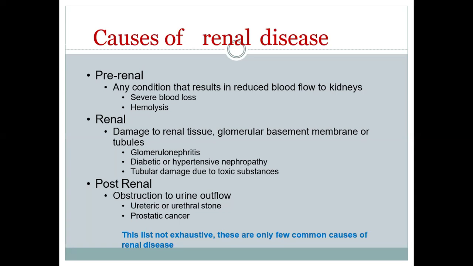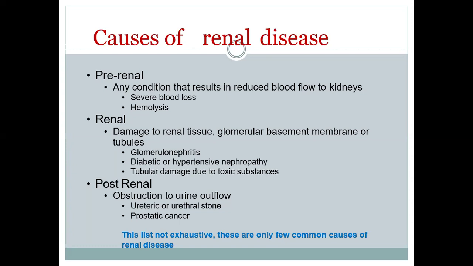Renal causes of renal disease include damage to renal tissues, the glomerular basement membrane, or the tubules. Such situations are seen in glomerular nephritis, diabetic nephropathy, and in tubular damage due to toxic substances.